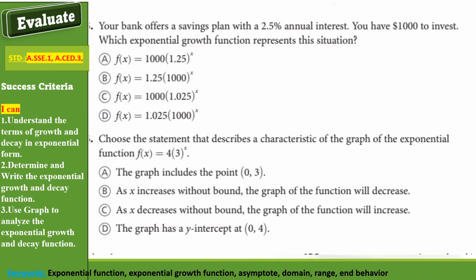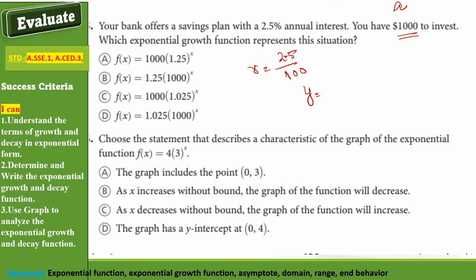Your bank offers a savings plan of 2.5% annual interest. So what is r? r is 2.5 divided by 100. You have $1,000 initially to invest, so this is our a. First of all, rather than looking at the options, write your own equation.